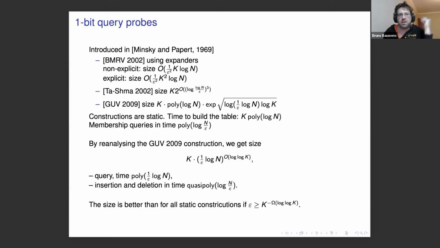Our construction has a second good feature, because in previous constructions you cannot insert or delete an element. If you change the set, you need to recompute everything, and it takes time k polylog n. But in our construction, we can modify the set, and each change, adding or deleting an element, takes time k quasi-polylog n over epsilon.